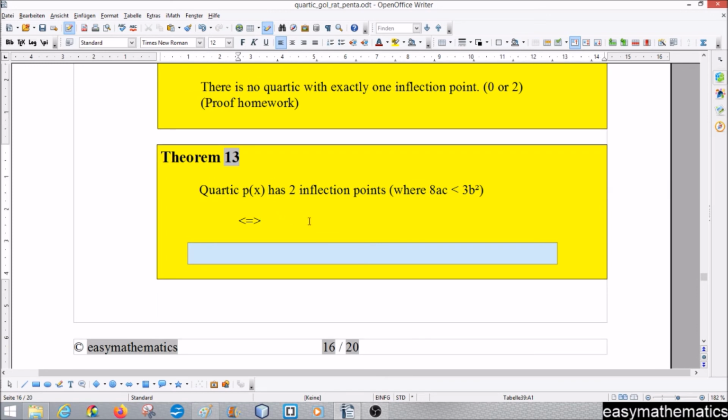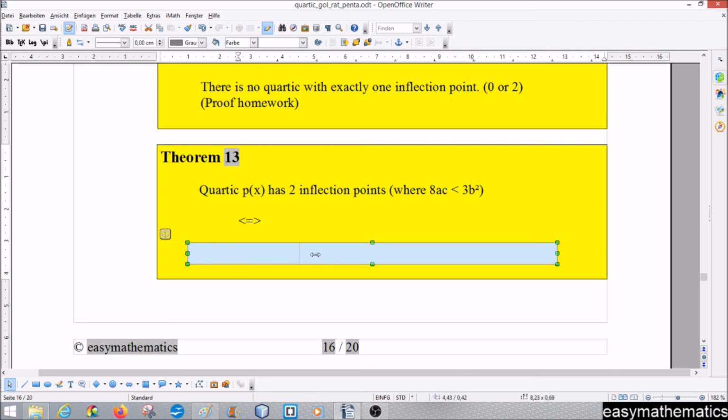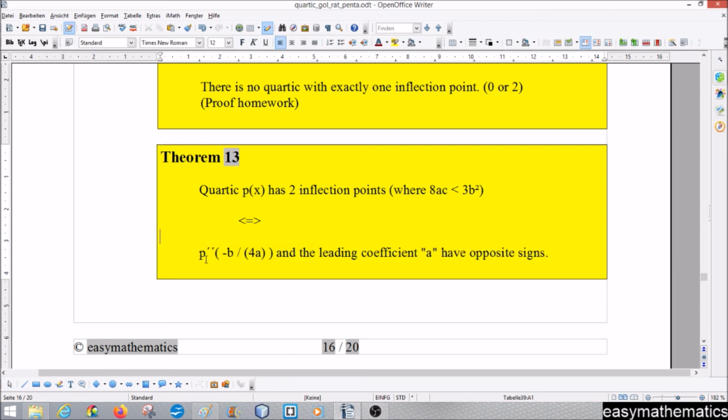Theorem 13, another necessary and sufficient condition for a quartic having two inflection points, is the following. The second derivative evaluated at minus b over 4a and the leading coefficient a have opposite signs.